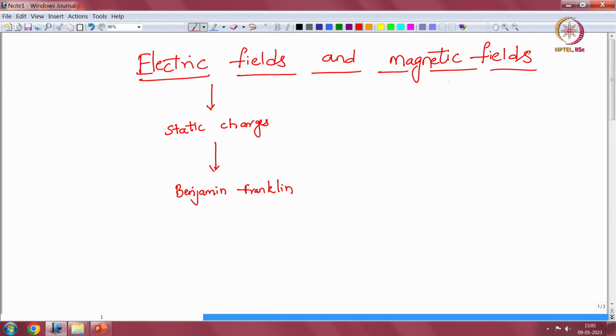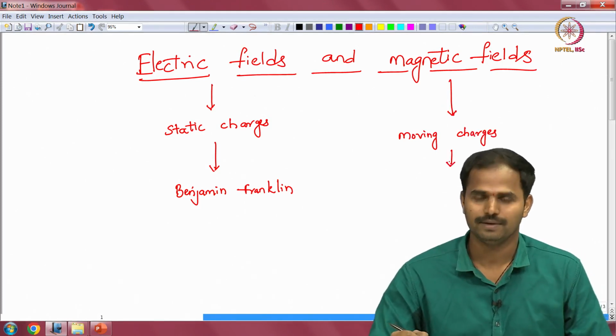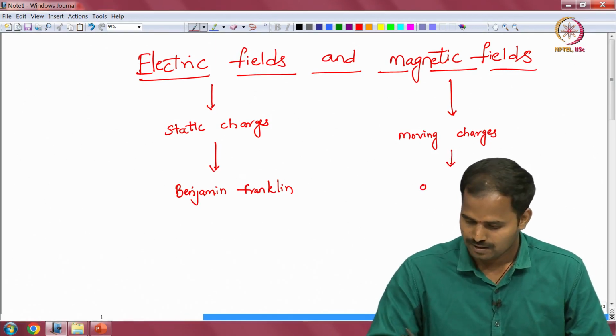And magnetic fields are created by moving charges, and invented by Oersted.